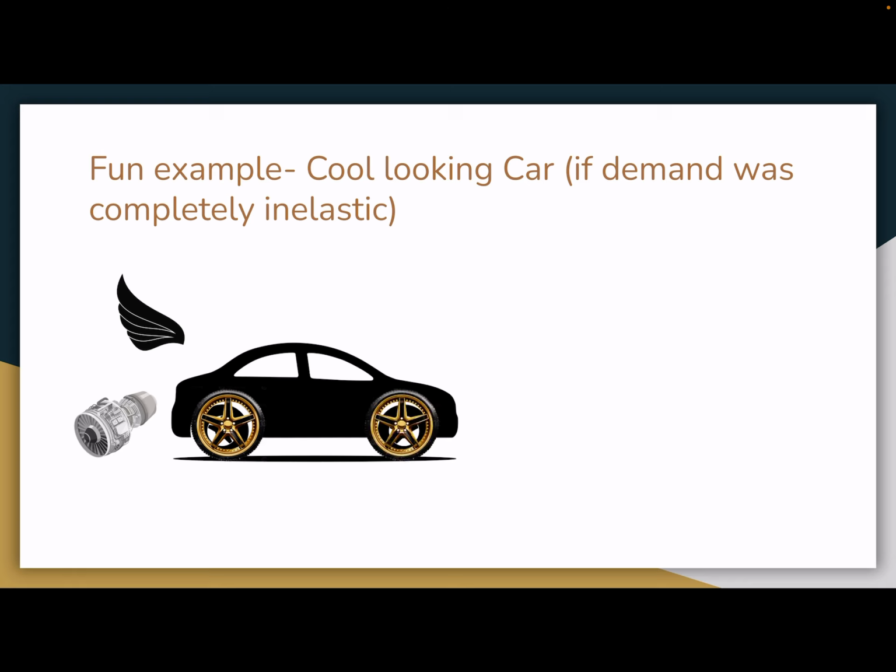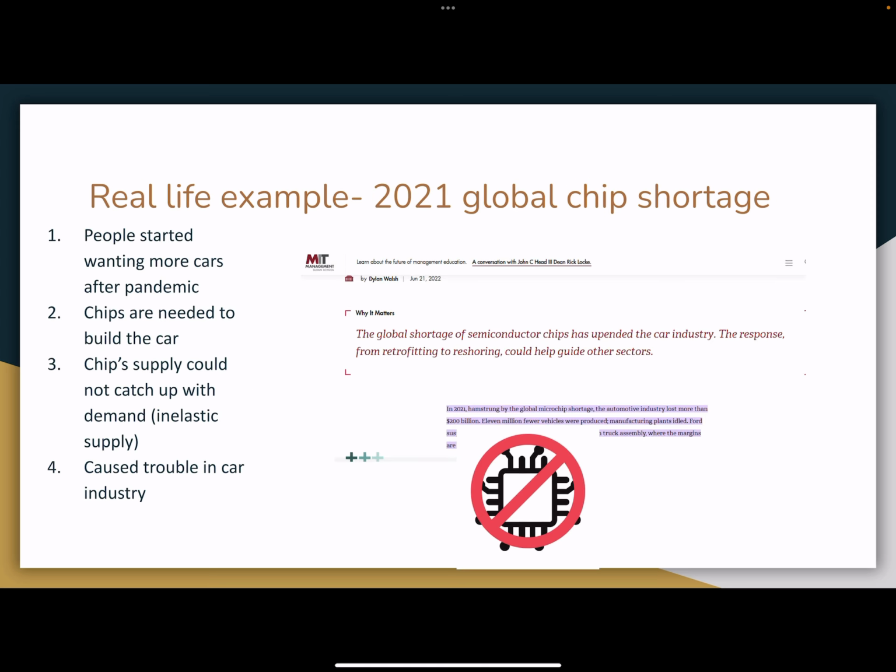Although these sound very cool, there's a reason why cars do not look like that. Every upgrade comes with an increase in cost, and as long as demand isn't completely inelastic, this is not a feasible design.